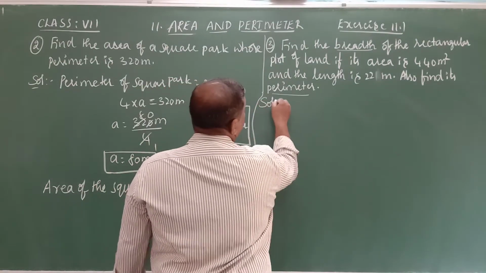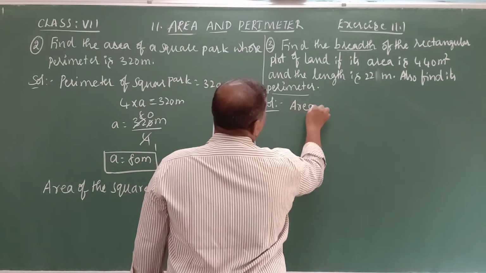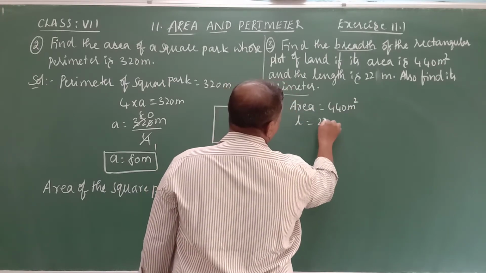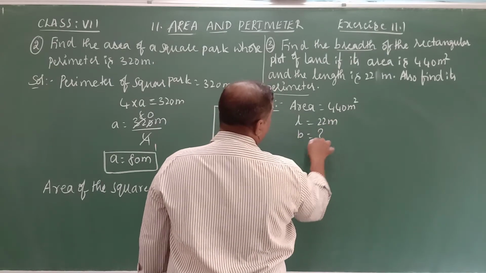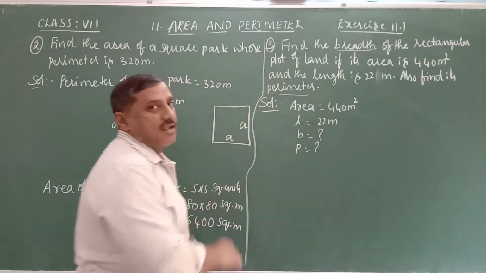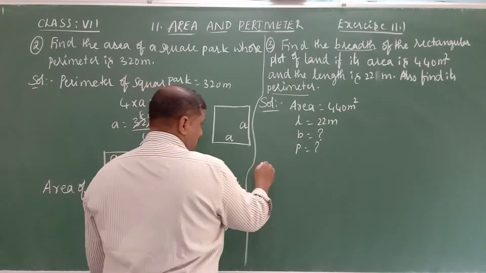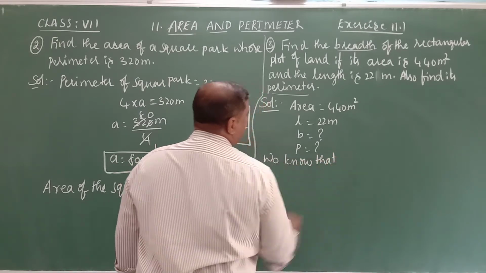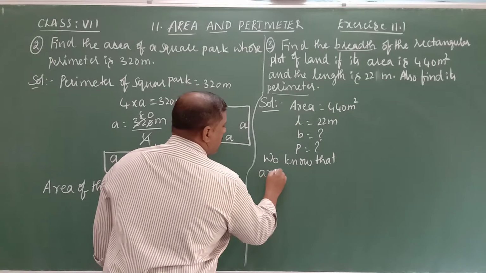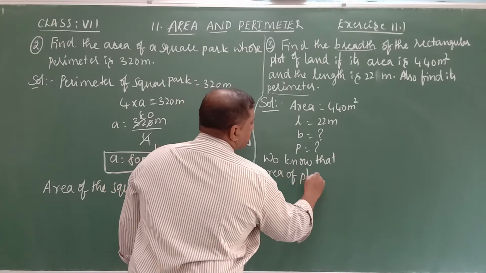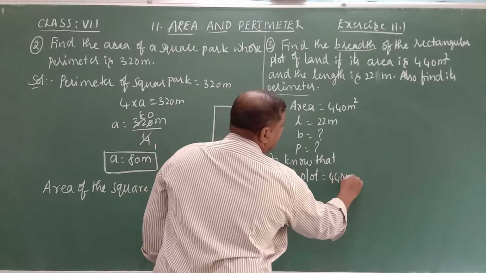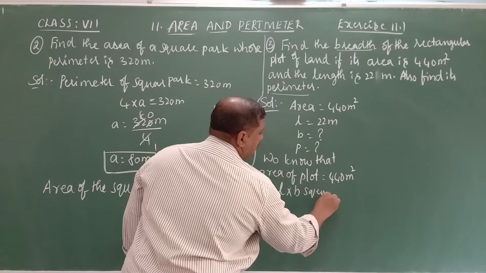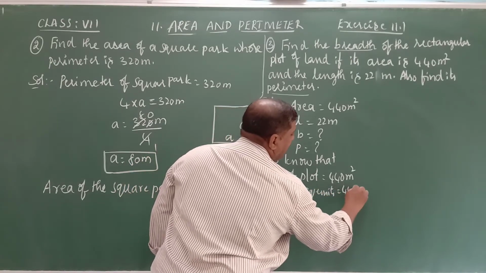So now what is given here? Area of the plot is equal to 440 meters square. Length is equal to 22 meters. So breadth we have to find and perimeter also we have to find. P stands for perimeter. Now what we know, area of rectangle is equal to area of plot, which is 440 meters square, and its formula is length into breadth square units, that is equal to 440 meters square.